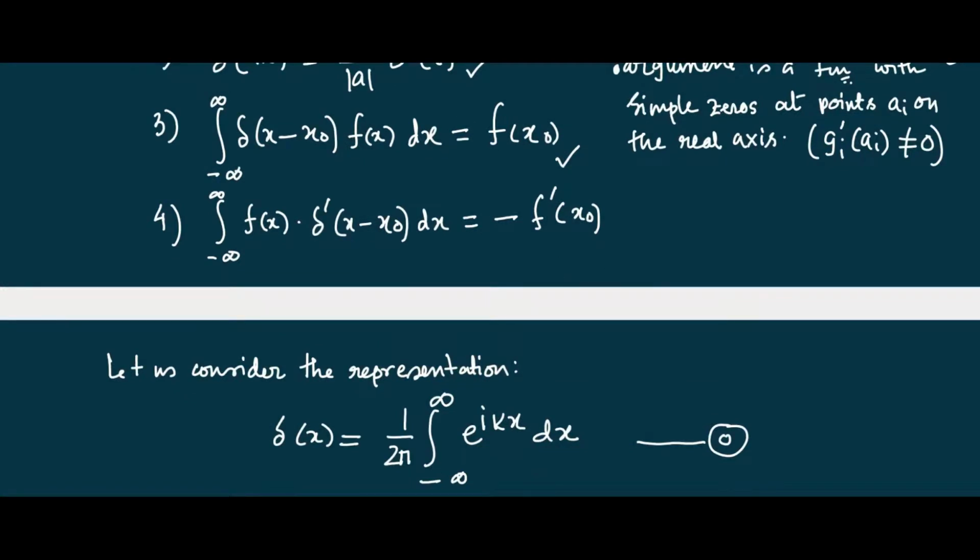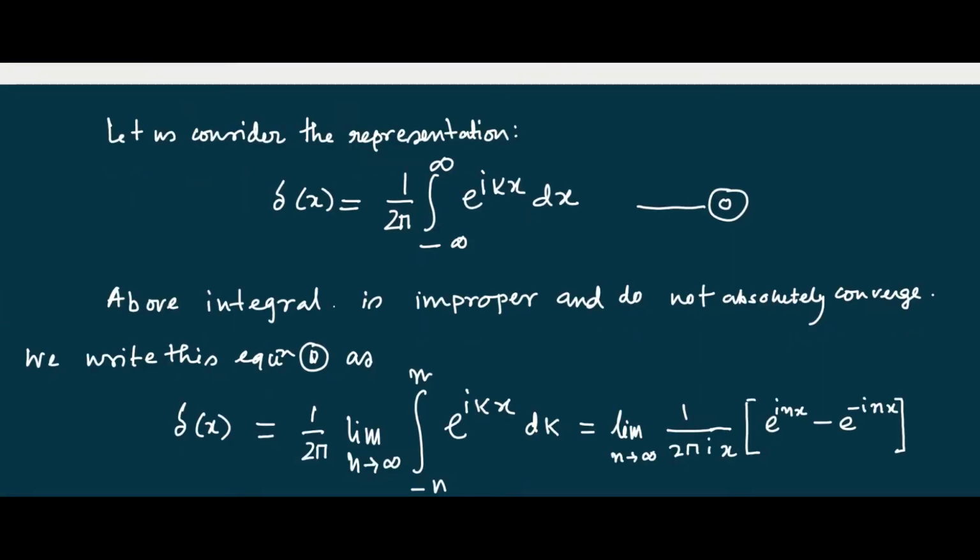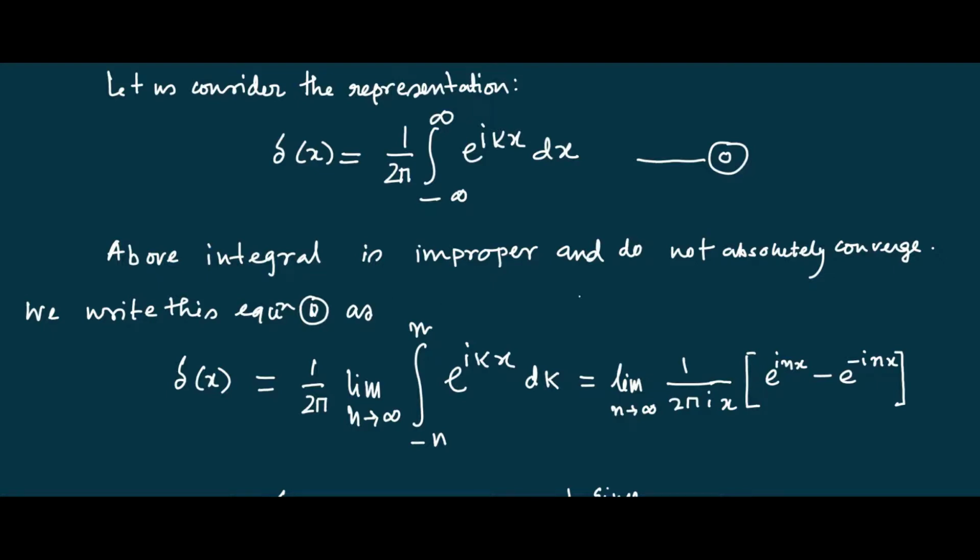Let us consider the representation delta(x) equals 1 over 2 pi, integral from minus infinity to plus infinity of e to the power i k x dk. This is equation zero. The above integral is an improper integral and does not absolutely converge. We write equation 0 as delta(x) equals 1 over 2 pi, limit n tends to infinity, integral from minus n to n of e to the power i k x dk.